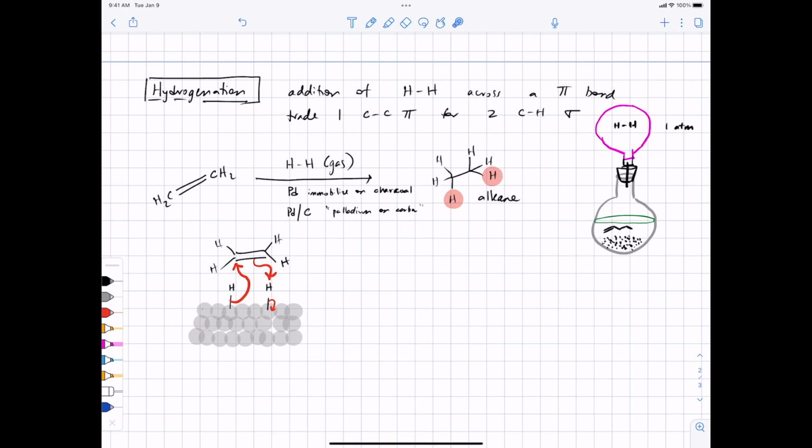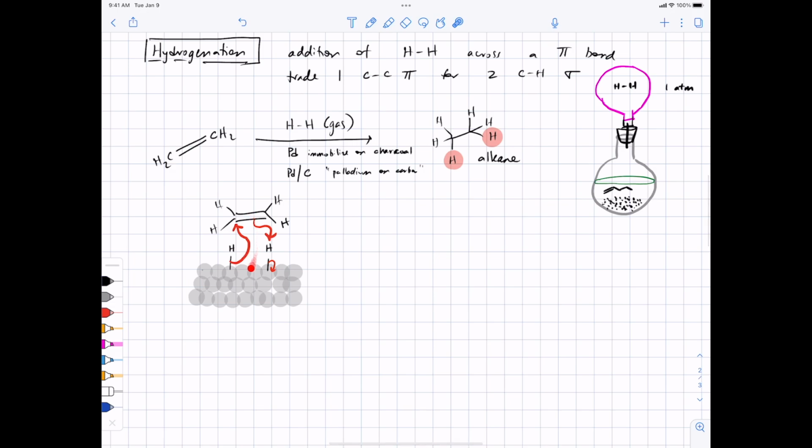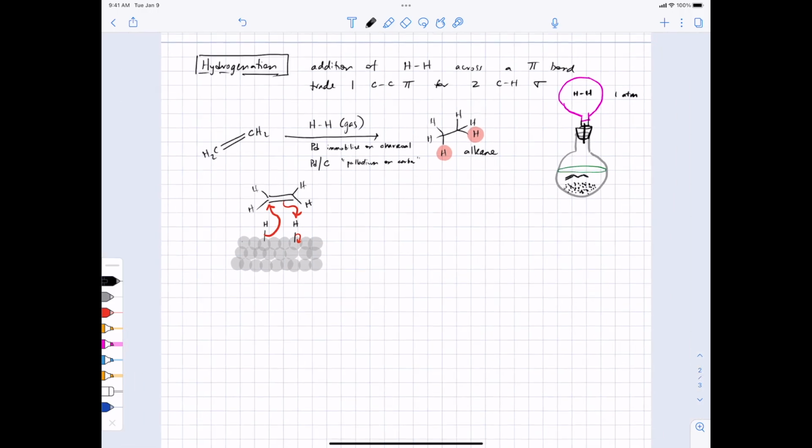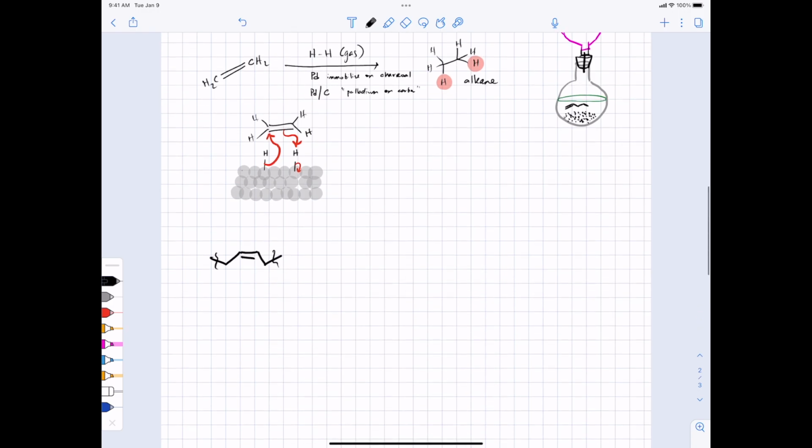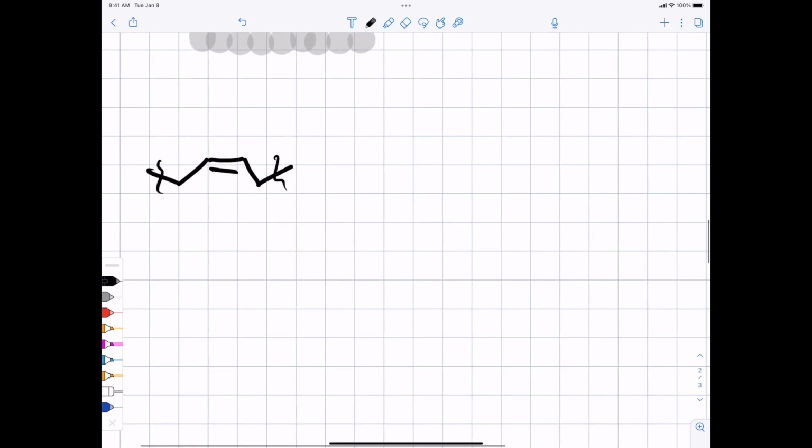We've talked before about how this step of the reaction is somewhat reversible, and so if you don't push the reaction to completion, there is the chance that you could take a cis double bond that's present in a natural fat or oil, and you can isomerize that double bond to the trans stereochemistry.